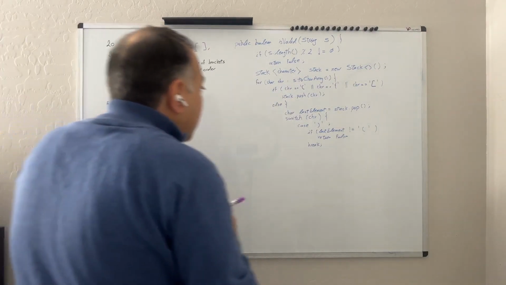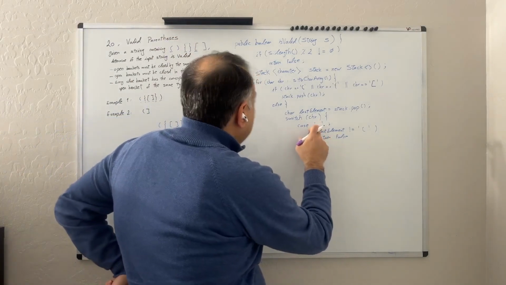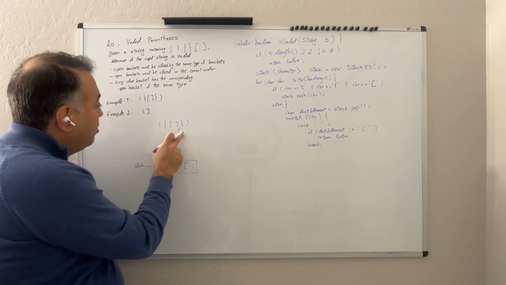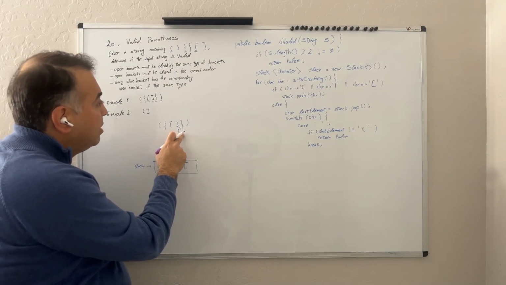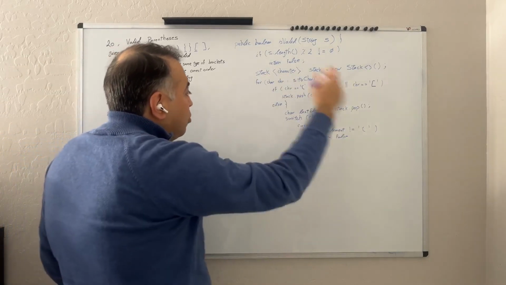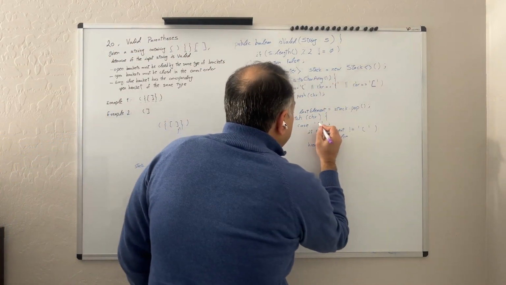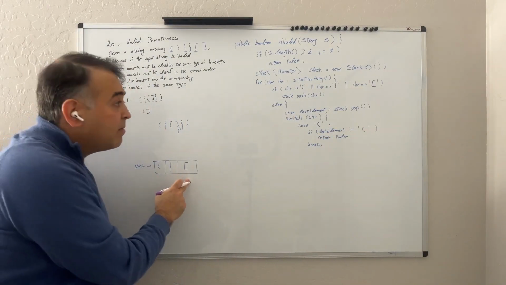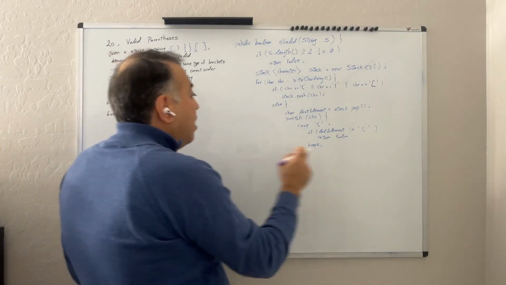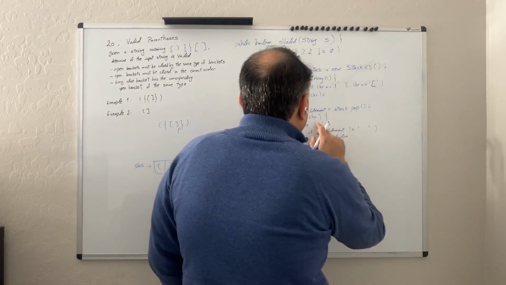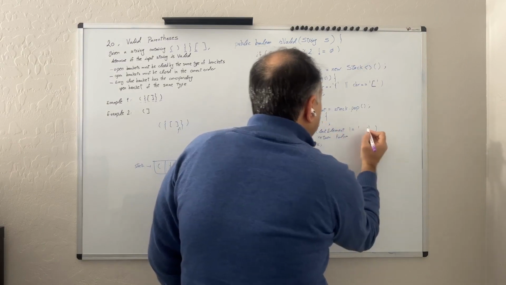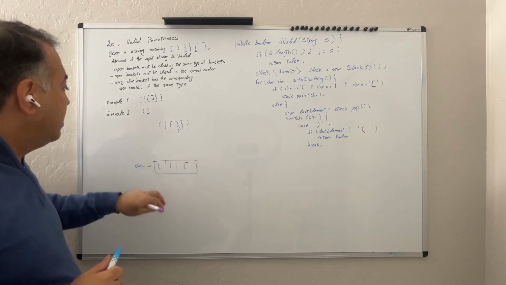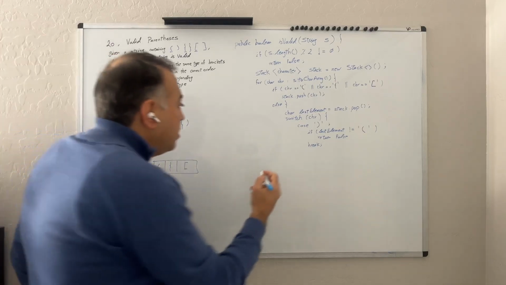So what I did here is check the character my pointer points to, the character I'm looping through, and see whether the character I popped from the stack is the matching type. Sorry, this is the close, this is the open, which I'm verifying against the character I have here.